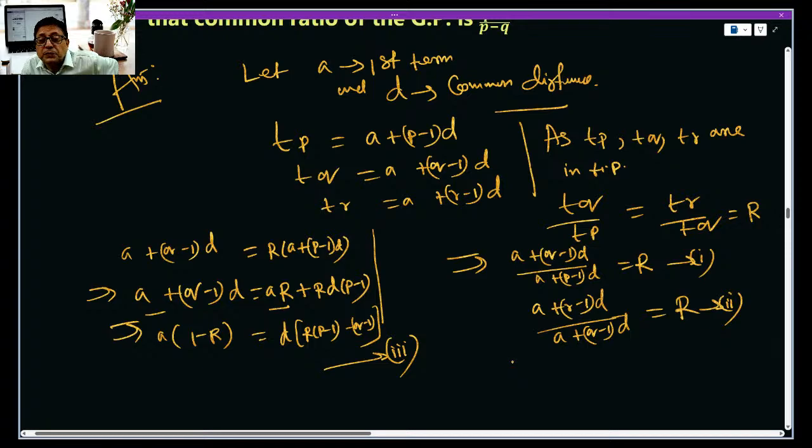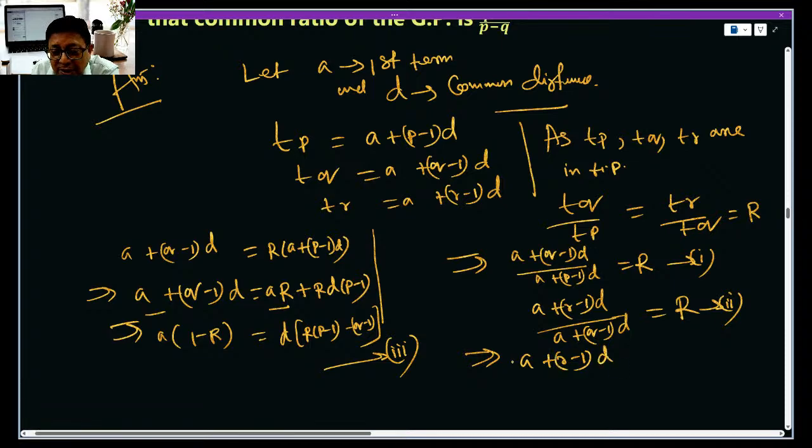Now I will be using the second condition also in the same manner. So this time Q will be replaced by R and P will be replaced by Q. Then go on dividing, R will come out. Believe me, it will come. So you do it here.